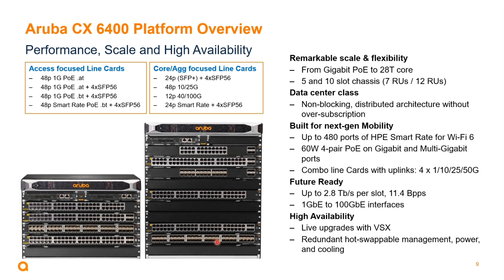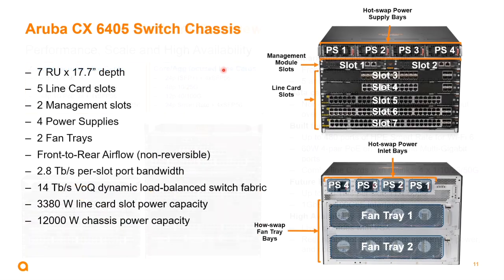In terms of high availability, I've mentioned virtual switching extension, but please don't forget we have redundant hot swappable power supplies and management modules, as well as fan trays, providing that extra high availability. Now let's cover the 6405 chassis.